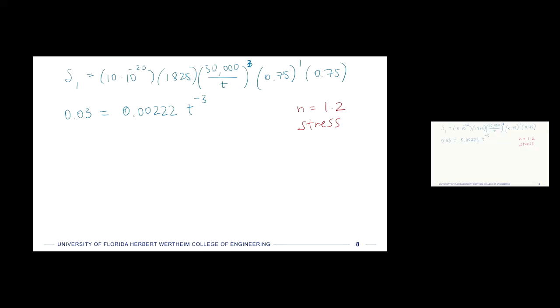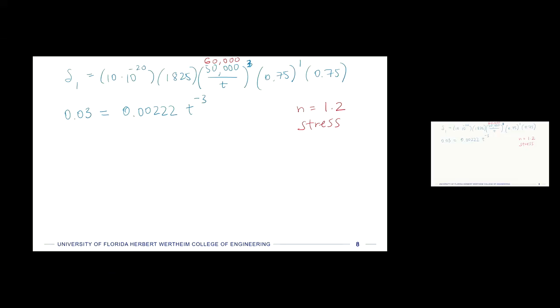For yielding, we do that. For linear elastic fracture mechanics, we do that. And so we can do that in this case. If we multiply our hoop stress times 1.2, we get 60,000 up here. So that's what I used in my calculation to get these numbers. We'll talk about that more in a minute.